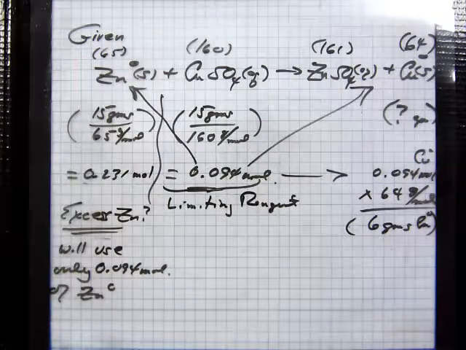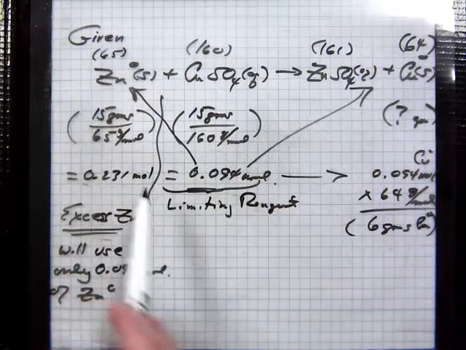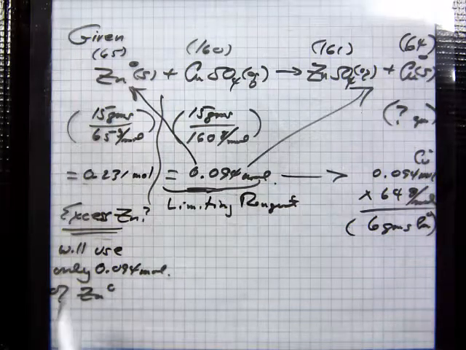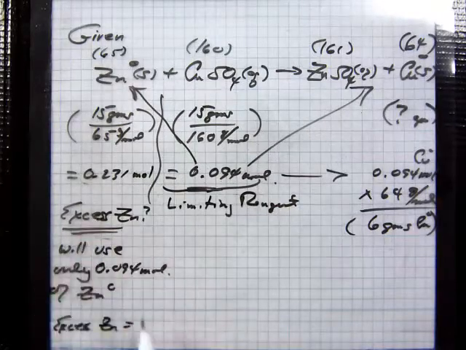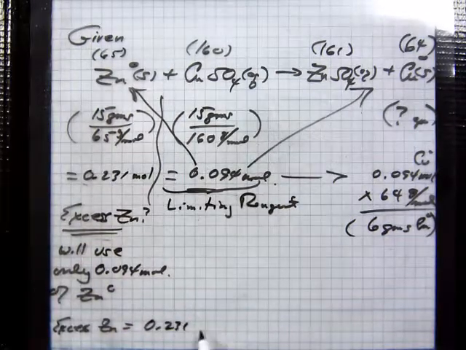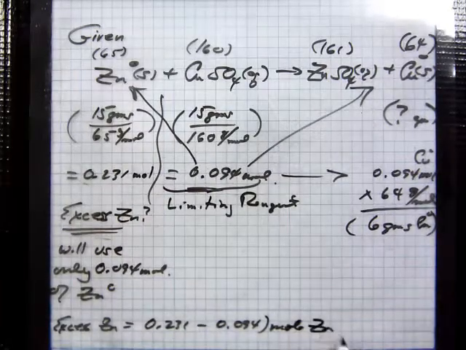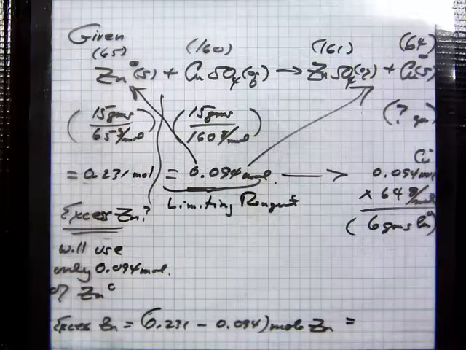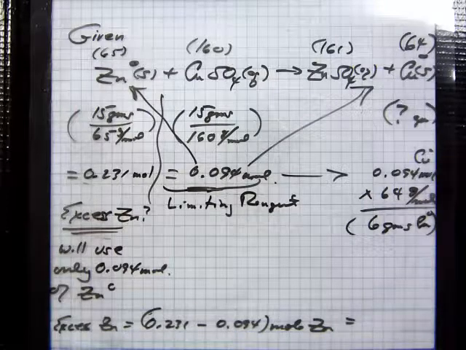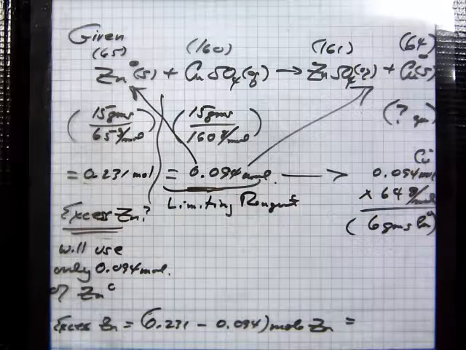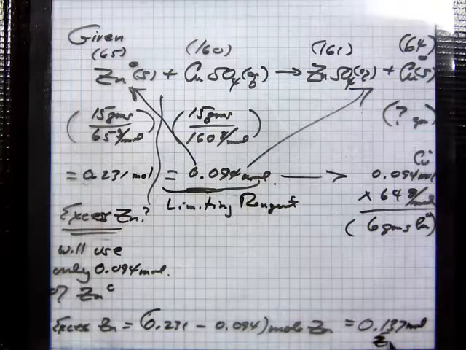Hopefully you're seeing that. But the problem says we have 0.231, so we're only using this much, so excess zinc is equal to 0.231 minus 0.094 mole of zinc, which is 0.137 mole of zinc excess.